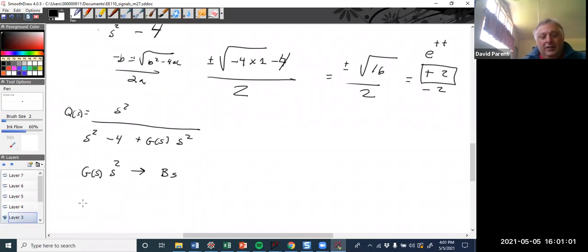And then I have to turn G of S times -4 into some positive number. All right. So let's do the easy one first.